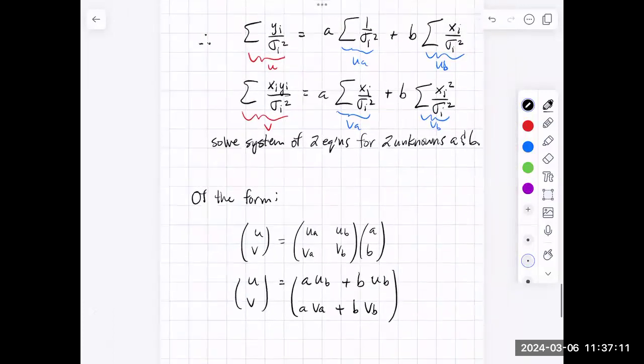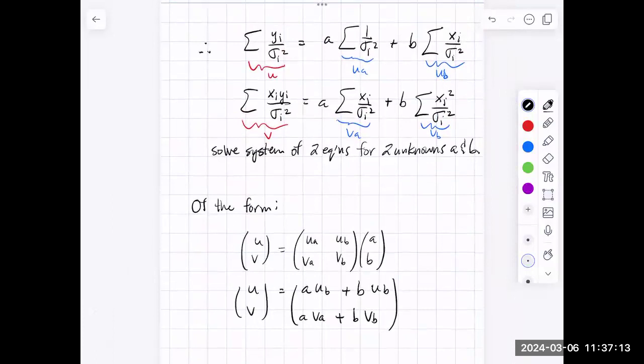And if you look at this equation, U is equal to AUA plus BUB, and the second equation is just this bottom line. Okay, so this seems to work. They correspond to one another if we label them like so.